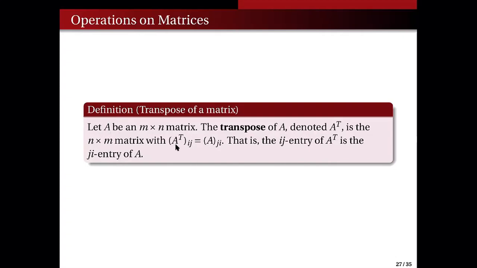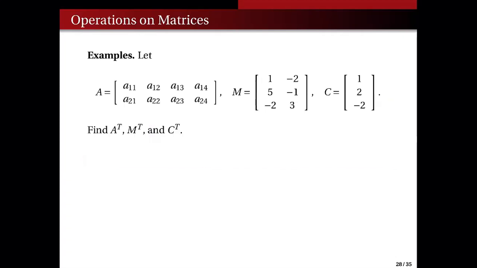For example, you have this matrix A, this matrix M, and matrix C. For the transpose of A, the ij entry of A transpose is the ji entry of A.